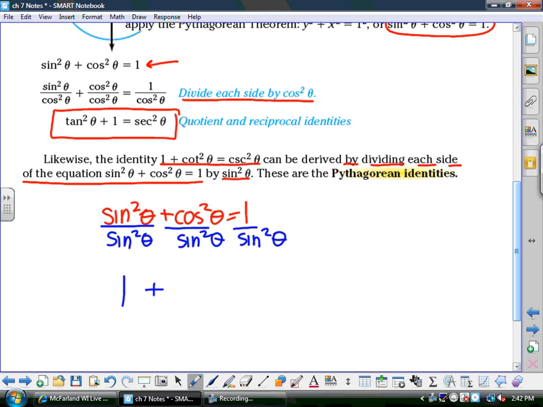Cosine squared divided by sine squared is cotangent squared. And 1 divided by sine squared is cosecant squared. And that's what they said we were going to get. So if you're ever in a situation where you're trying to read a math textbook, you really need to read slowly and carefully and stop and write some stuff down every once in a while to make sure it makes sense to you.